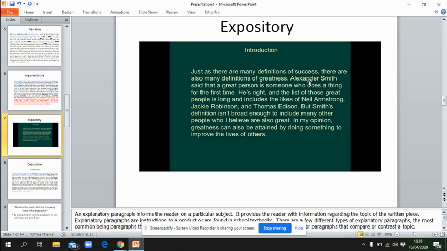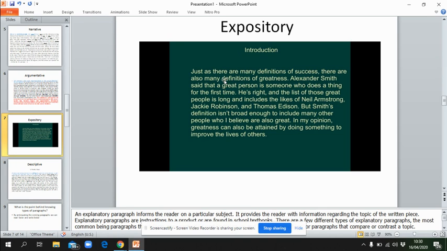The third form of paragraph is expository. Different from the argumentative one, expository just exposes facts and reality to the reader, but the writer must be objective. There is no effort by the writer to persuade the reader. So the decision is up to the readers themselves.